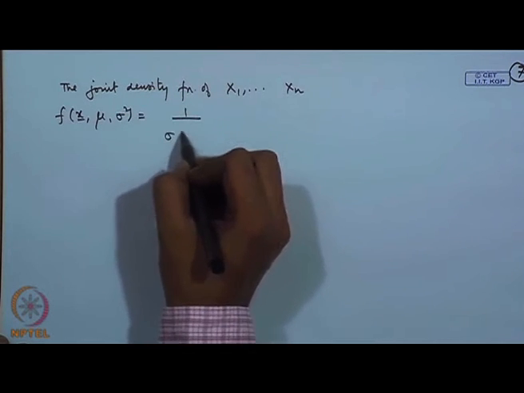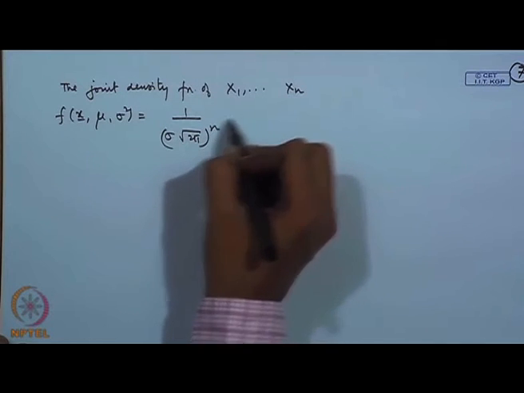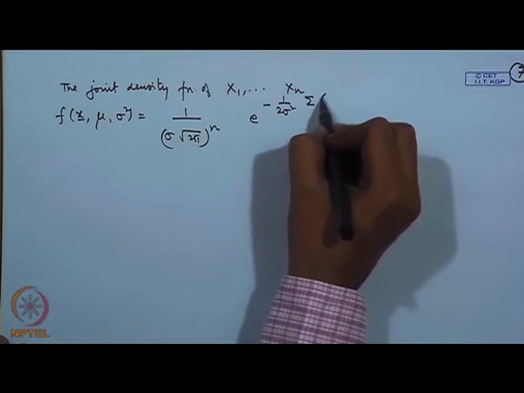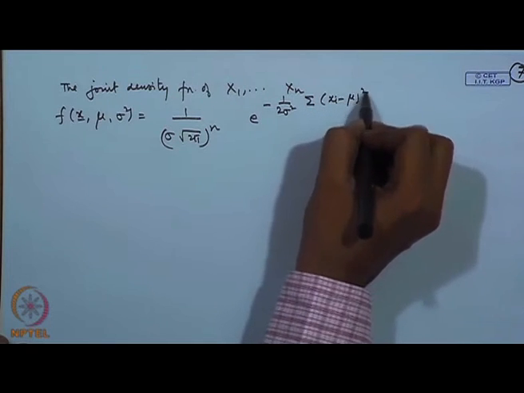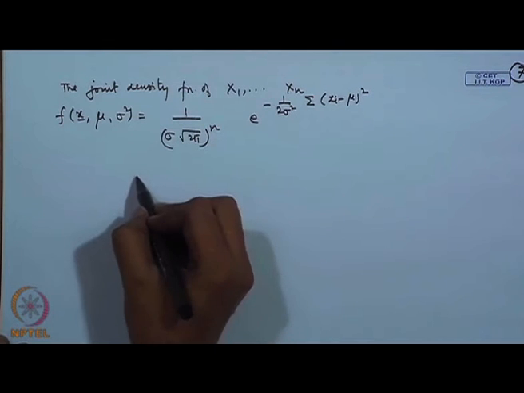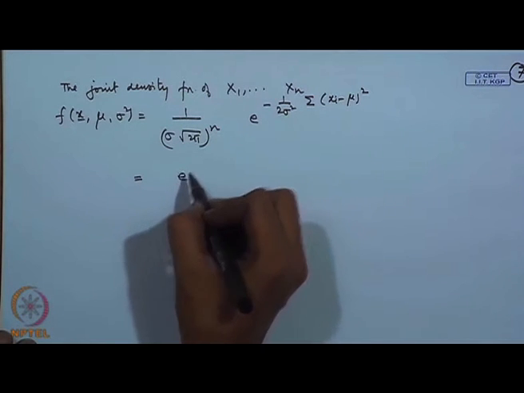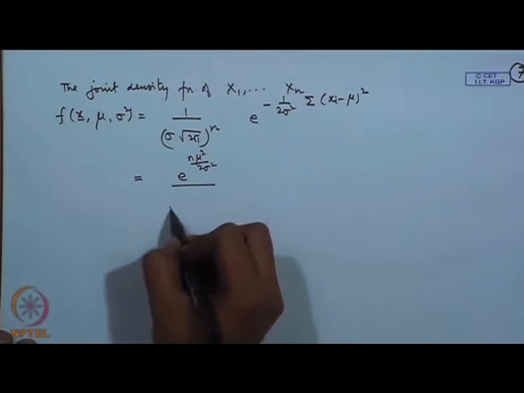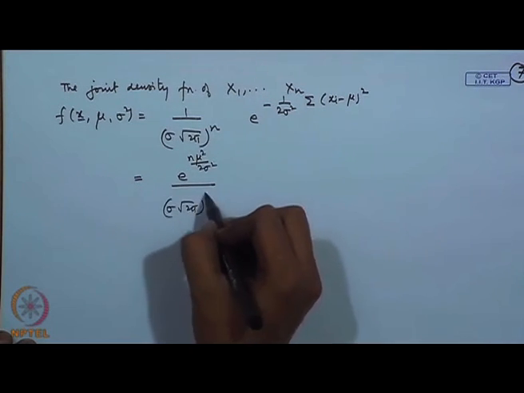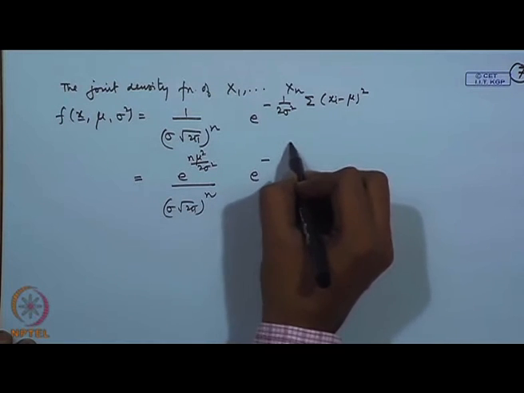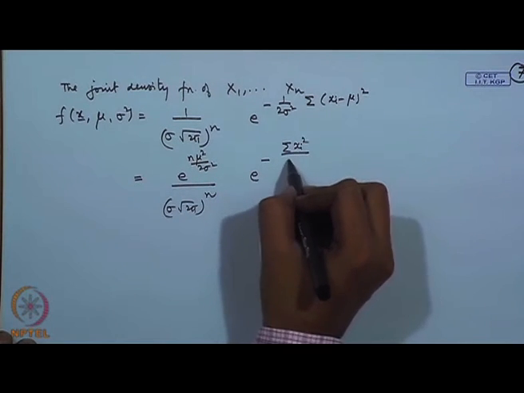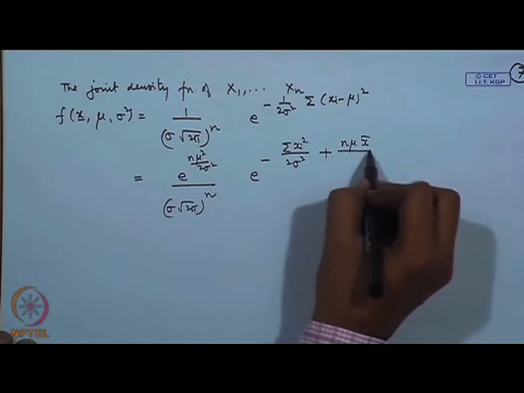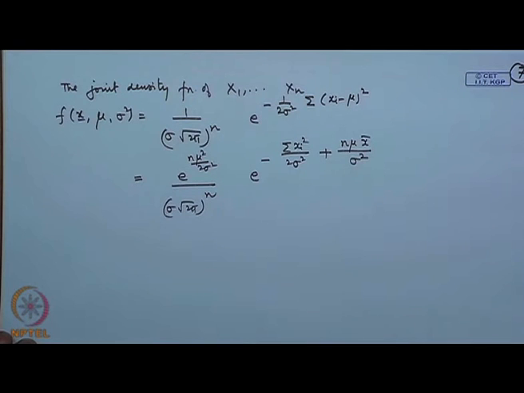(1 by sigma root 2 pi) to the power n e to the power minus 1 by 2 sigma square sigma (x i minus mu) square, that is equal to e to the power n mu square by 2 sigma square divided by (sigma root 2 pi) to the power n, e to the power minus sigma x i square by 2 sigma square plus n mu x bar divided by sigma square.